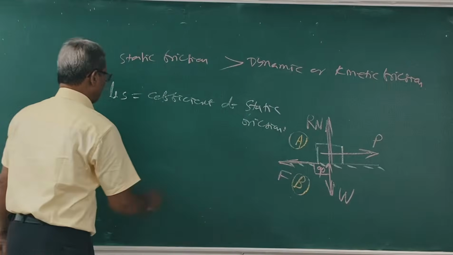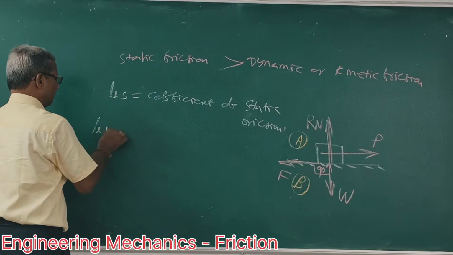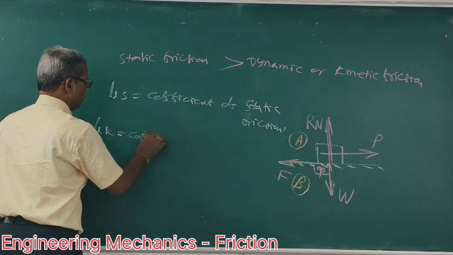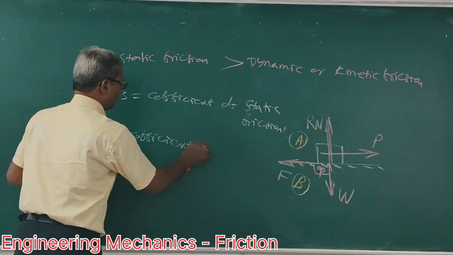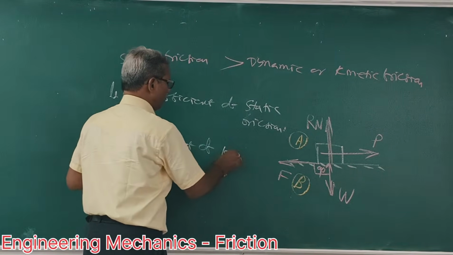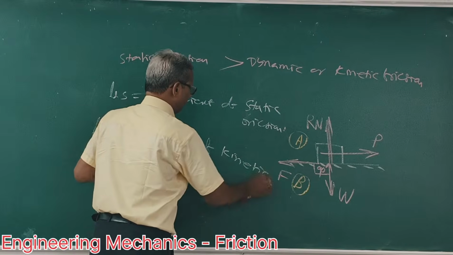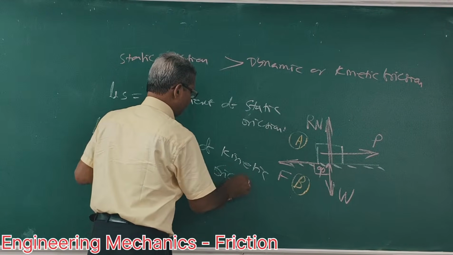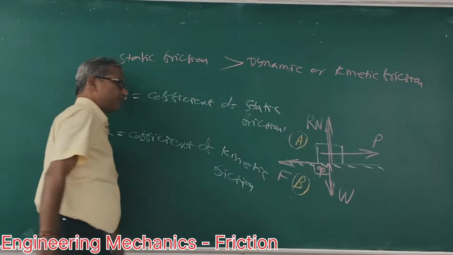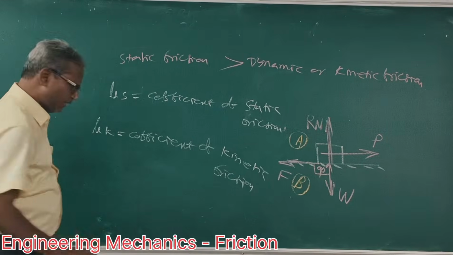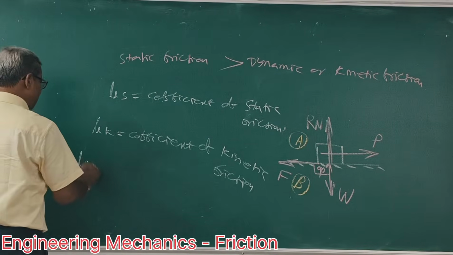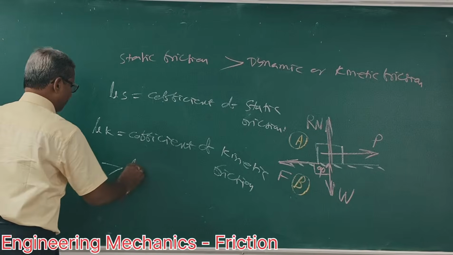Clear? What is mu k? Coefficient of kinetic friction. Clear? Then mu s is always more than mu k.